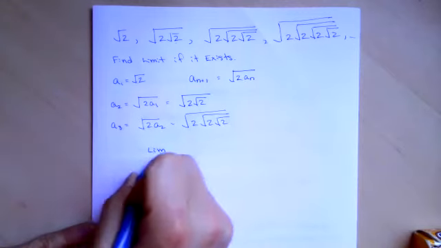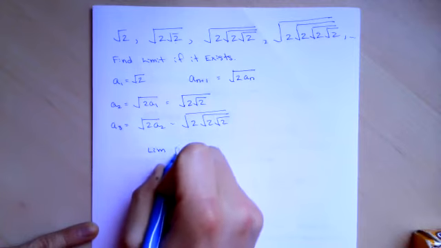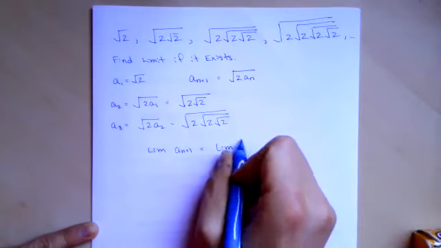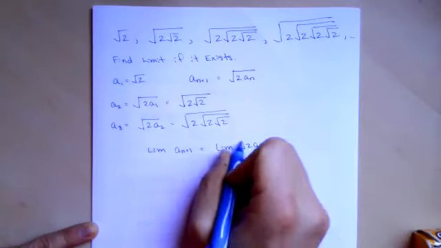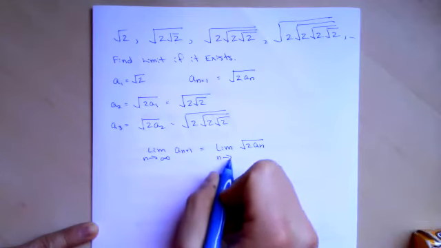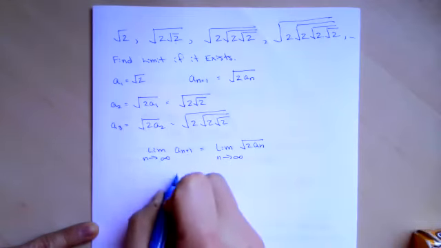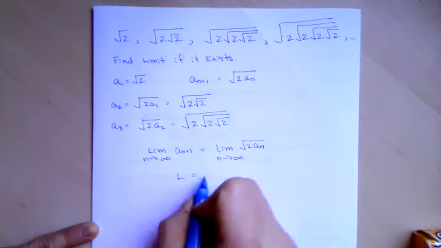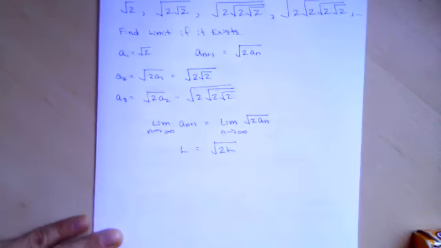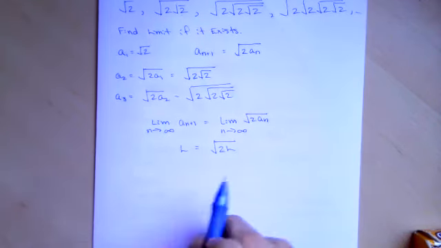And then what we want to do is take the limit of both sides. We replace any of the A_n's and A_{n+1}'s with L's and then solve for it.